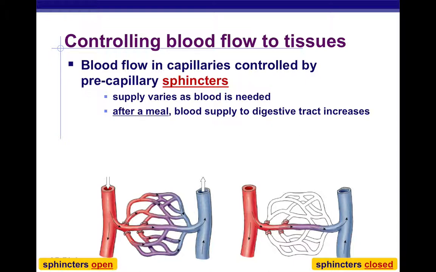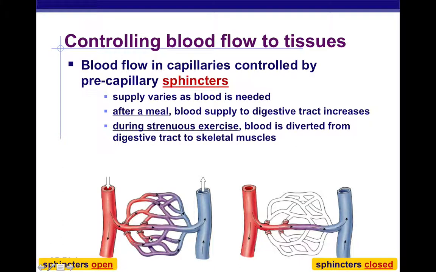So these sphincters close off different areas so that blood concentrates in your digestive tract. Whereas if you're exercising, then it closes these valves off and makes it so most of the blood is transferred to the brain or the different extremities, to the skeletal muscles.